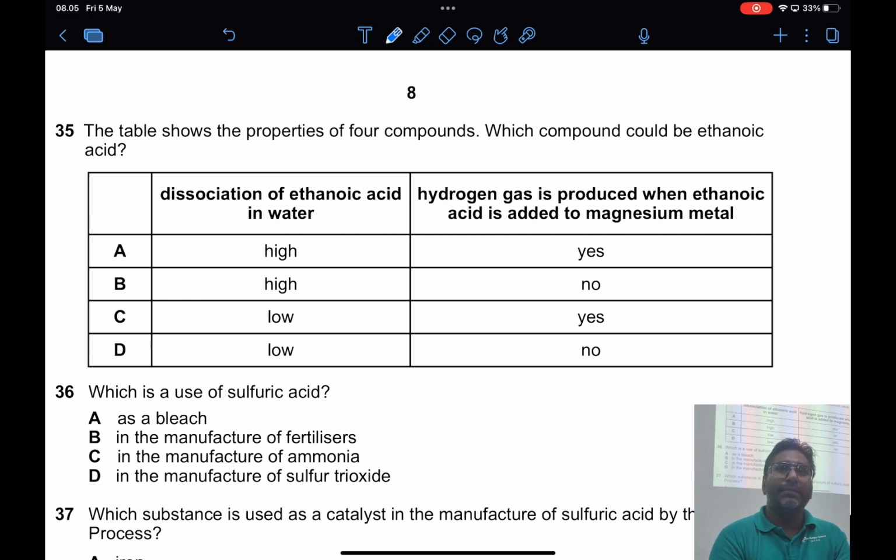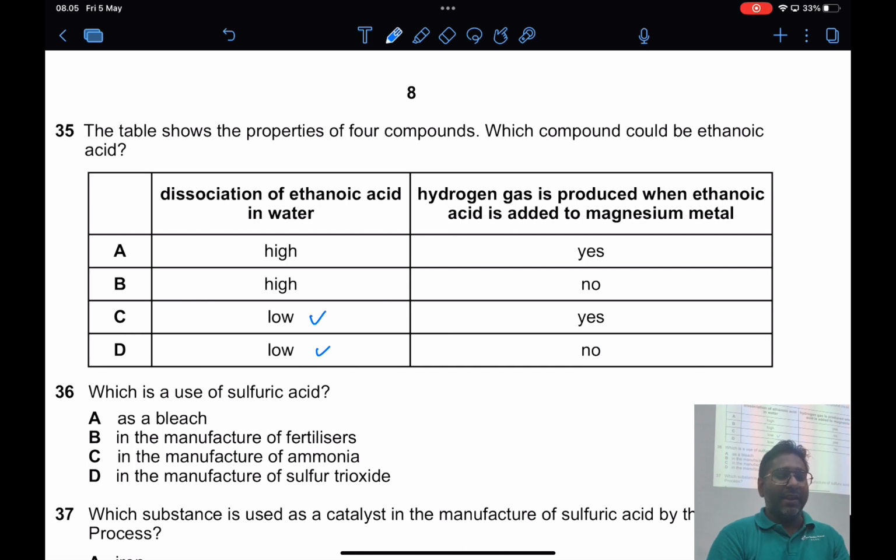Jake? It's a weak acid, partially dissociated, which means low dissociation. So it should be low.